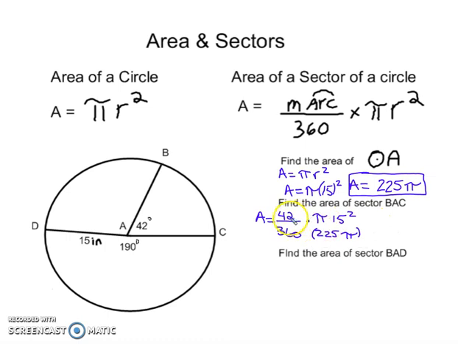So when we take 42 times 225, that's going to give us 9,450 pi over our 360. And that equals 26.25 pi.